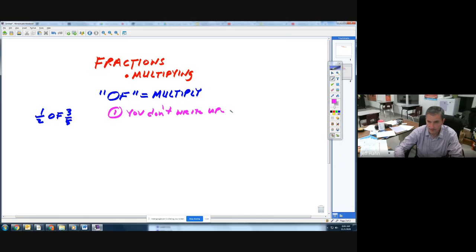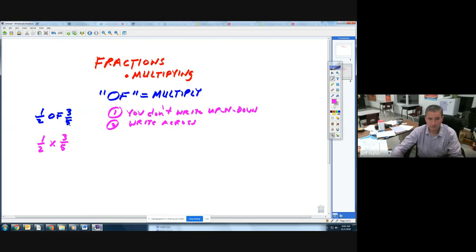Again, this is not adding and subtracting. You do write them across. So back to our 1/2 of 3/5 simply means 1/2 times 3/5.